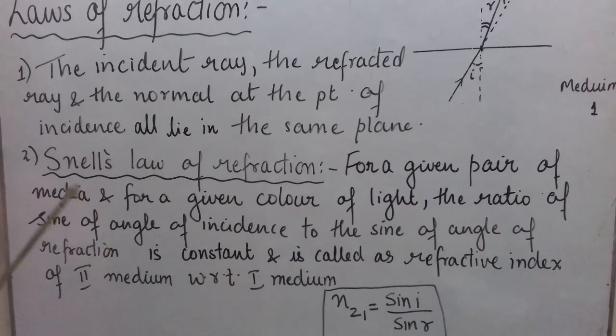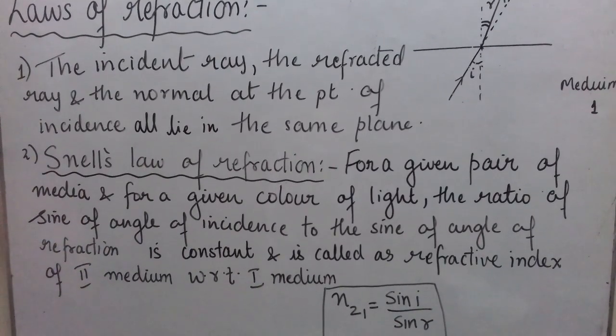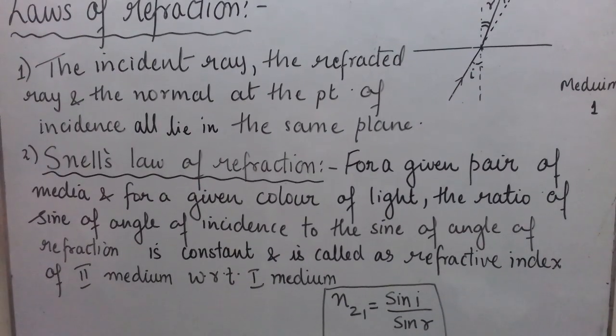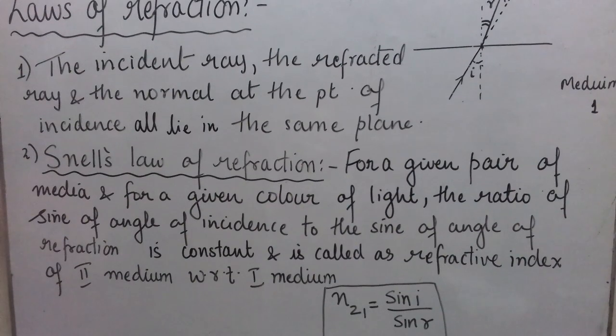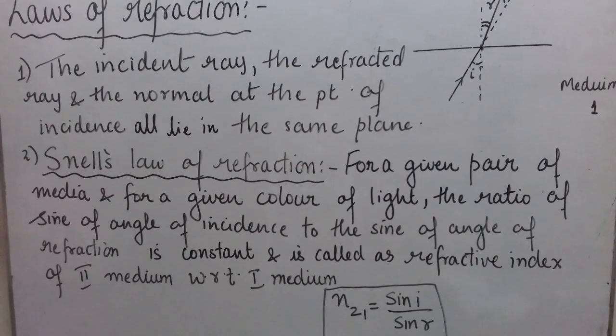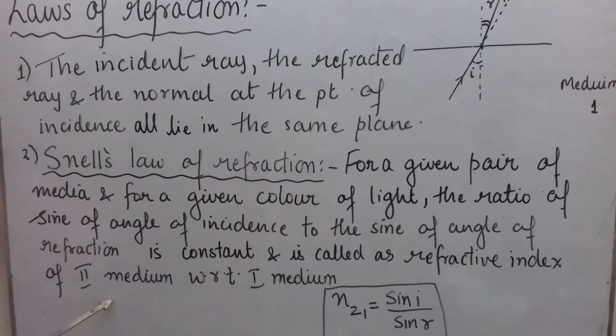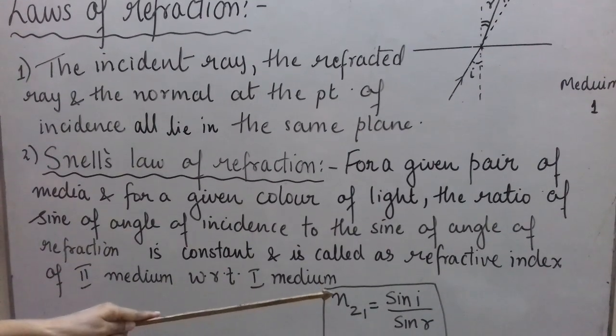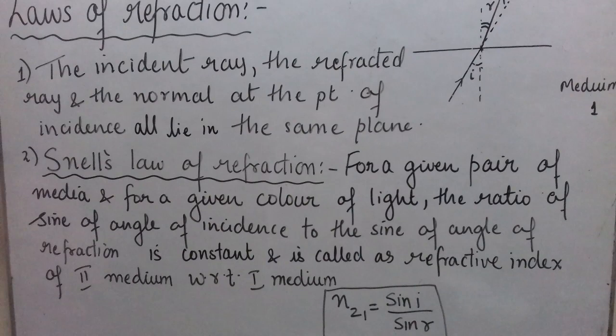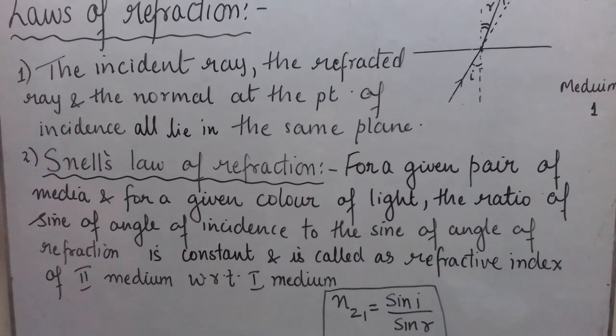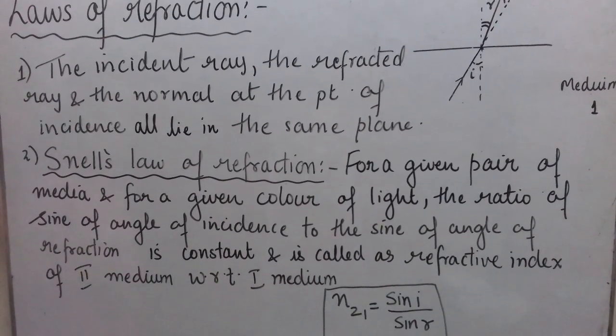Now students, you must have studied something about cos in your 9th class. In 10th, in your maths also you have the trigonometric ratios, sine, cos, tan. I will not be teaching you that, but at least I will tell you, sine is always of some angle or cos is always of some angle. These trigonometric ratios are related with angles.